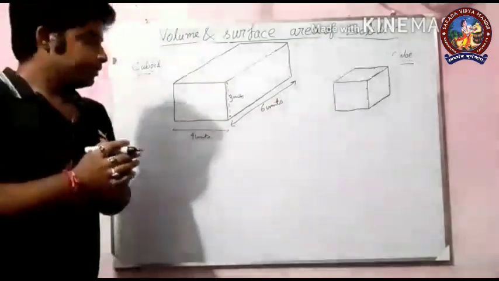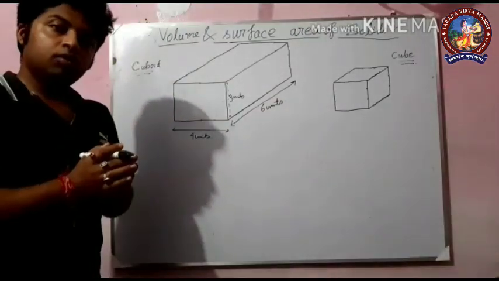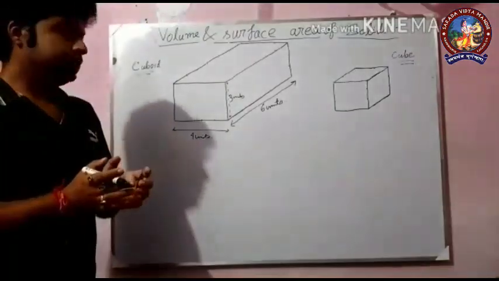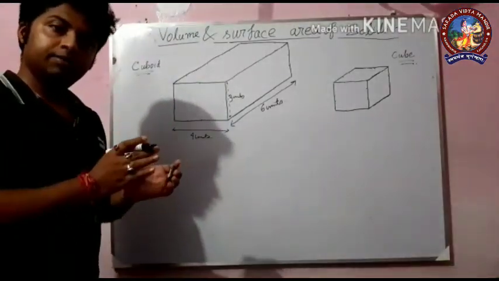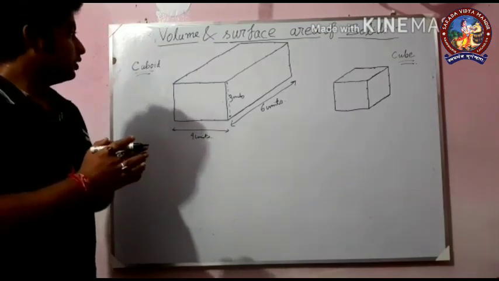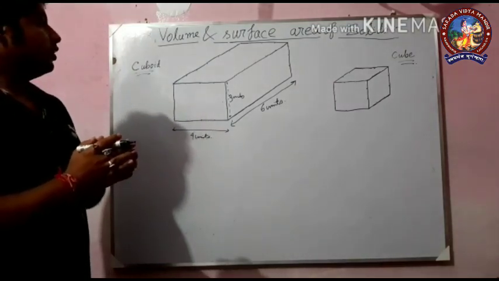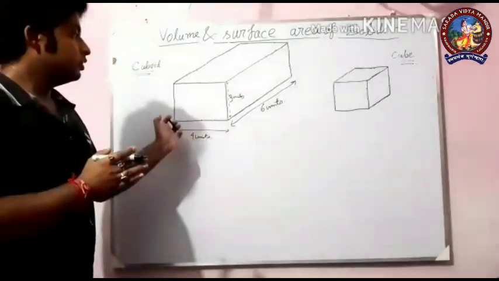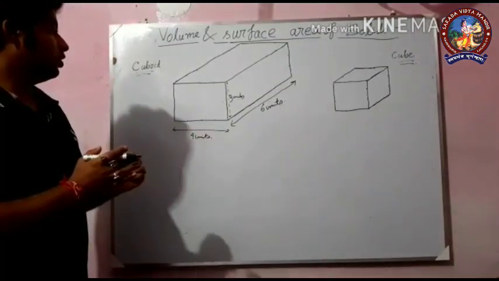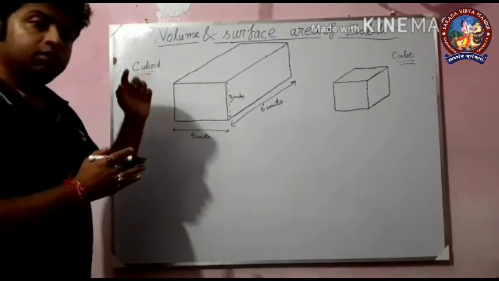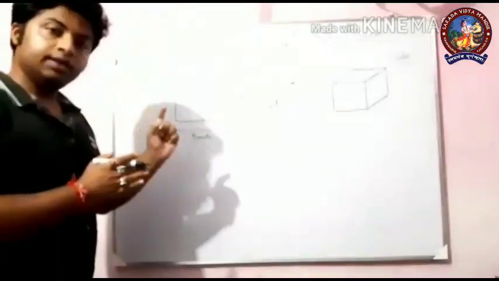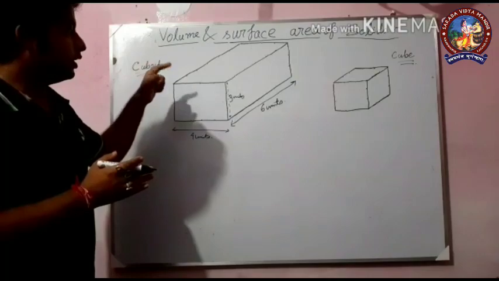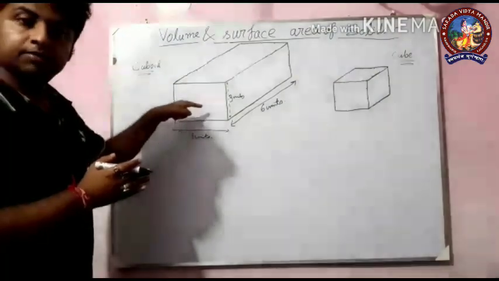I just said that the volume of a solid means the amount of space occupied by that three-dimensional object, right? Here, in other words, you can say, if I have to find out the volume of this cuboid, then I have to find out how many cubes of unit length, unit breadth and unit height can be accommodated here at maximum.